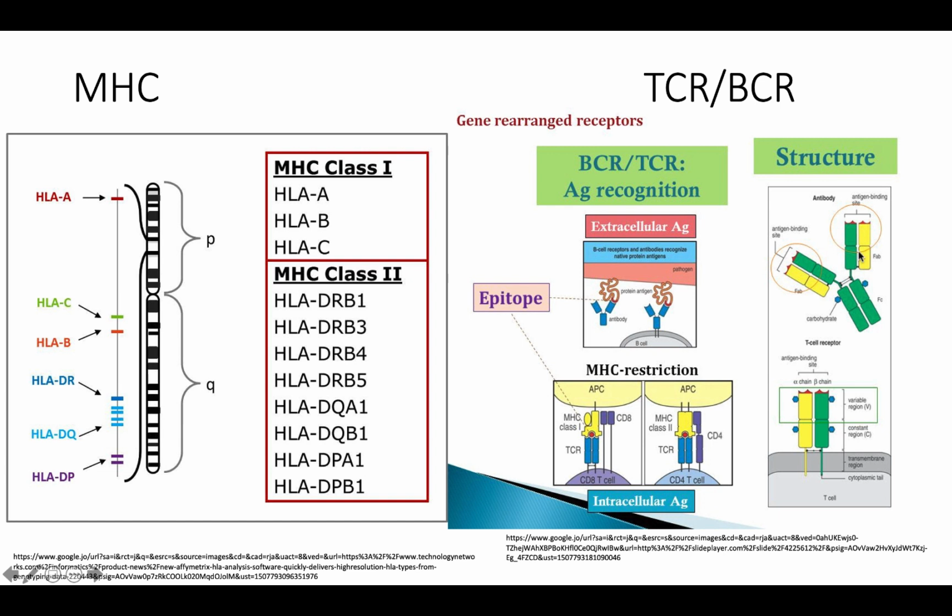The B cell receptor is going to be an antibody. The antibody will have a heavy chain, this green one, and a light chain, the yellow one, we will talk about them in the antibody lecture, and each have an antigen binding site, and each part of this will have a pool of genes that I need to draw from. So of course the B cell receptor, the antibody, will be the most polymorphic.